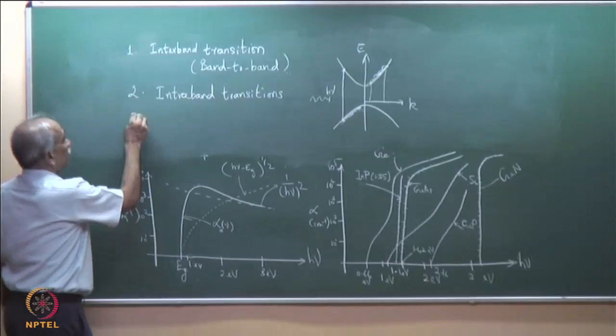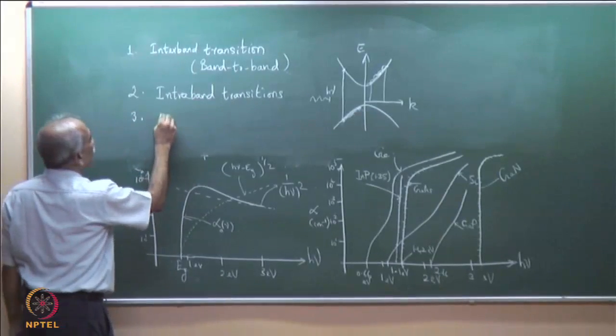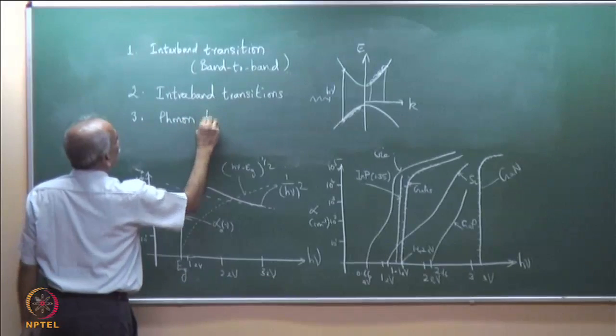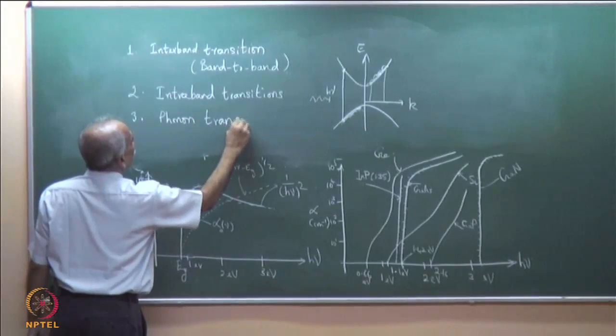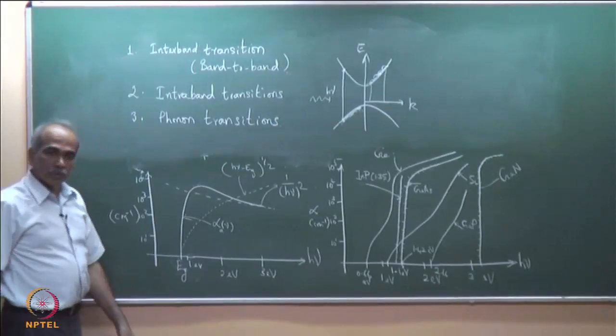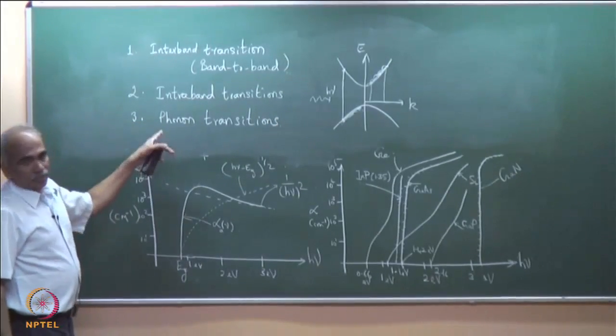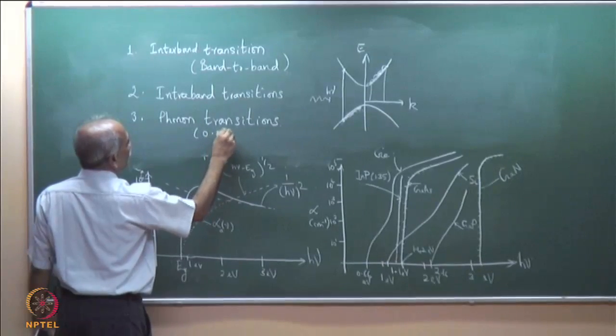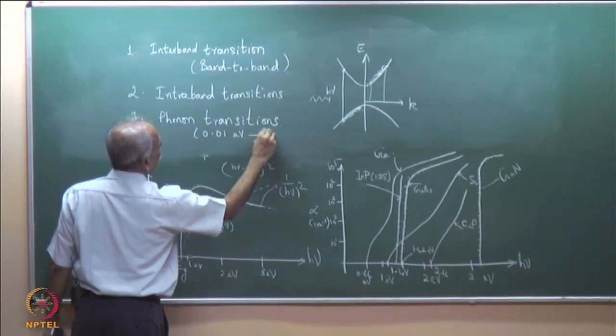A third type of transitions are phonon transitions. But we know that phonon energies are typically in the range 0.01 eV to 0.1 eV.